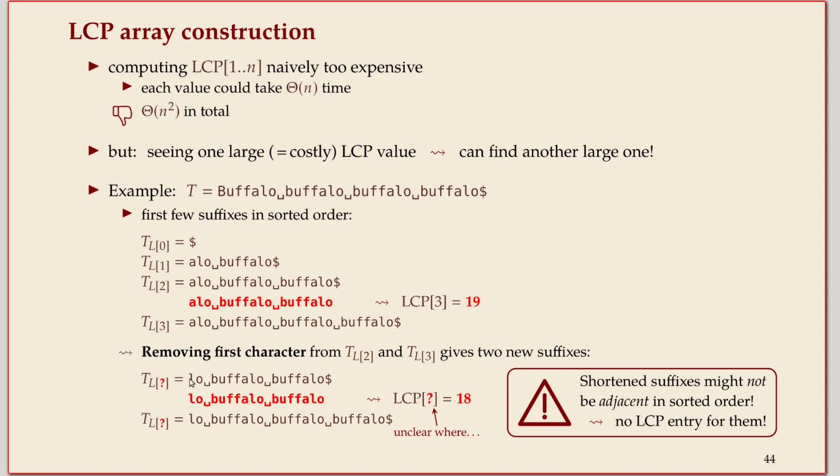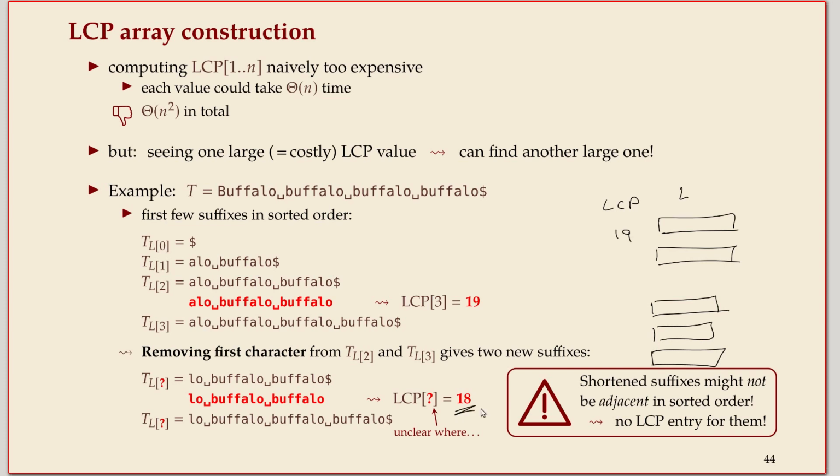And remember, the LCP only looks at two adjacent values. So there's a suffix, and then the next one in lexicographic order, and then you get an LCP entry 19. But it could be if you make them one shorter, the suffixes that result from this are actually separated by other suffixes that just happen to be between them.